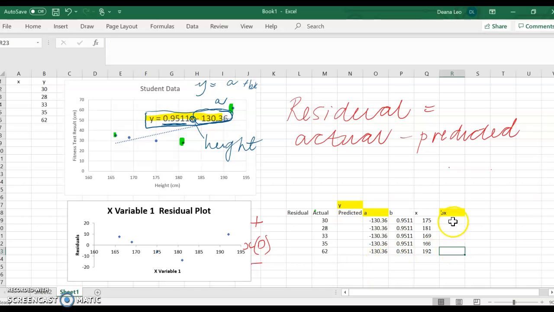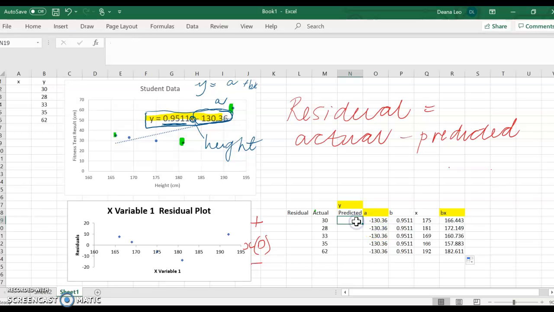Alright, so bx means we have to multiply the b and the x. Y equals a plus bx. So let's just go equals that times that, and then we just drag that down and that multiplies all the pairs through. We do not want to lock anything here because we actually want to multiply the b and the x, the b and the x, the b and the x all the way down.